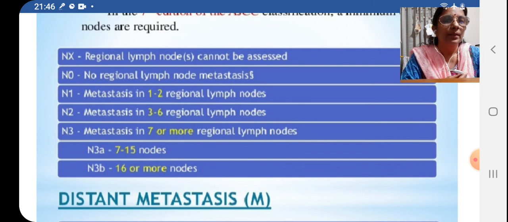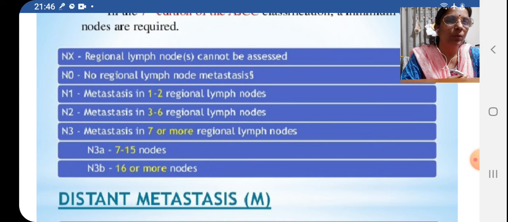So now you know what is N, that is nodal involvement. N1 is metastasis in 1 to 3 regional lymph nodes. N2 means metastasis in 3 to 6 regional nodes. That means perigastric nodes are involved in N1, N2. So when the patient is having N2 staging, then you have to go for D2 dissection because all perigastric nodes are involved.